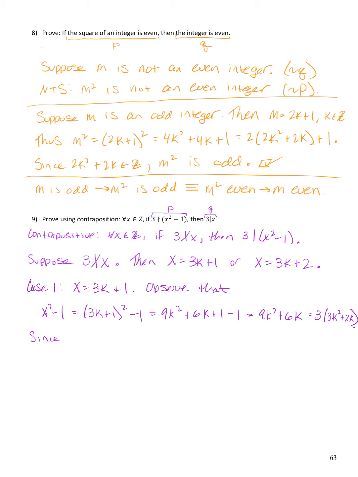And since 3k squared plus 2k is an integer, 3 divides x squared minus 1.